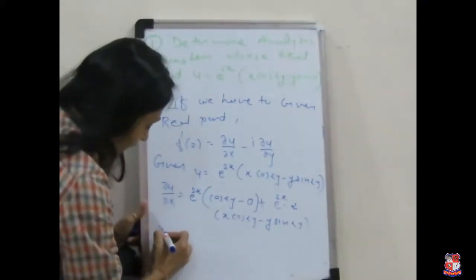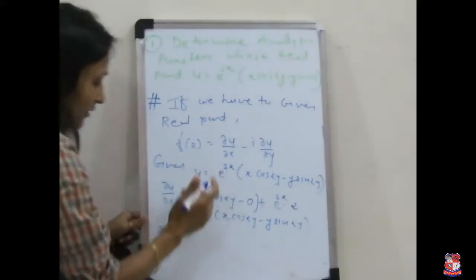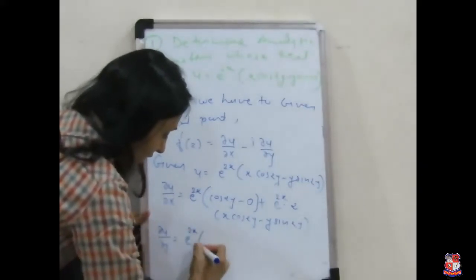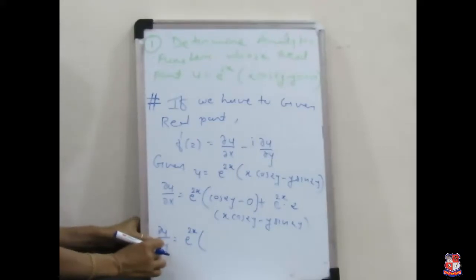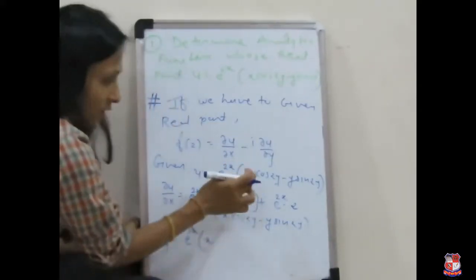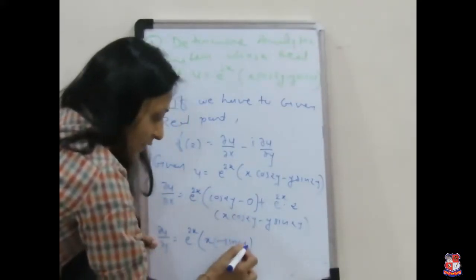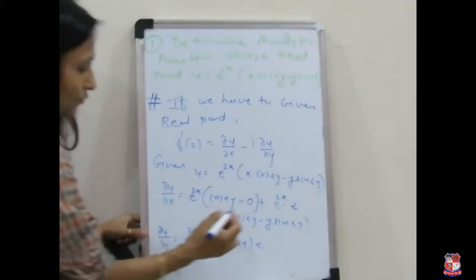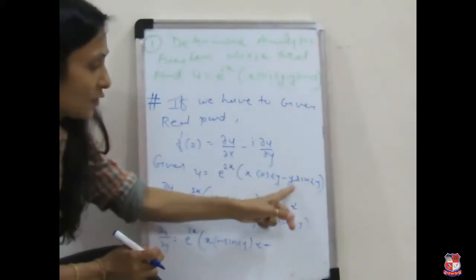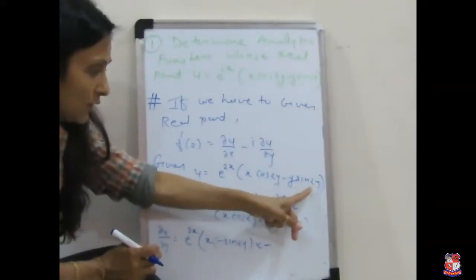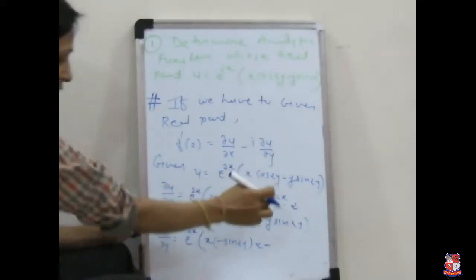Now we have to find del u by del y. e raised to 2x is a constant, so it stays outside the derivative. Now in x cos 2y, x is a constant, the derivative of cos is minus sin 2y, and again the derivative of 2y is 2. For minus y sin 2y, we can apply the product rule because both terms contain y.